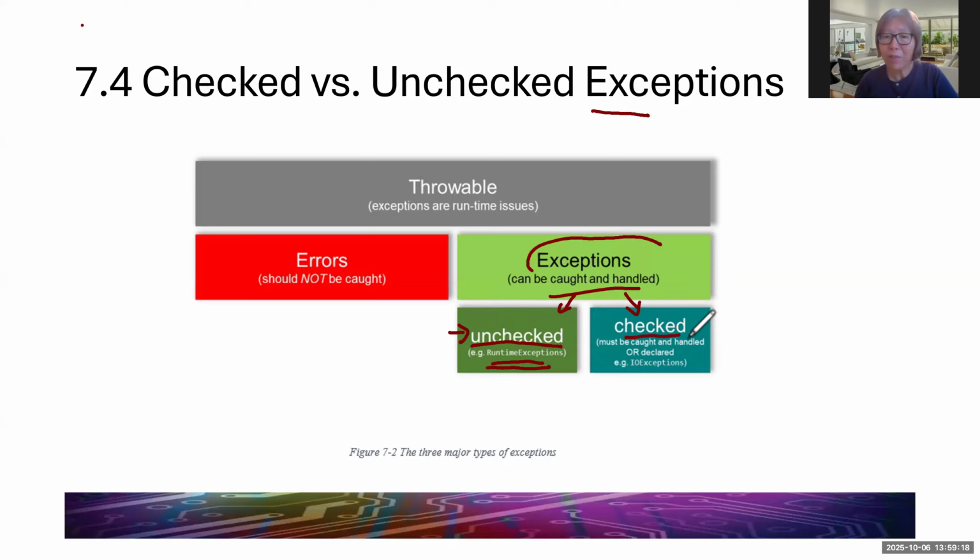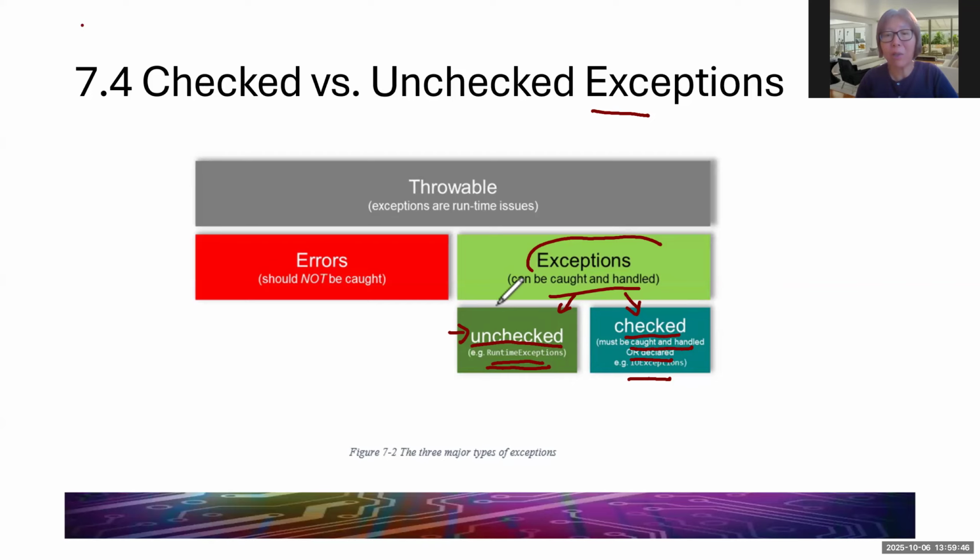Checked exceptions are like file I/O exceptions, input/output exceptions. For this type of exception, they must be caught and handled or be declared. Otherwise, the program won't compile. So in our program, we must handle it. Not like unchecked, where we can just leave them there.